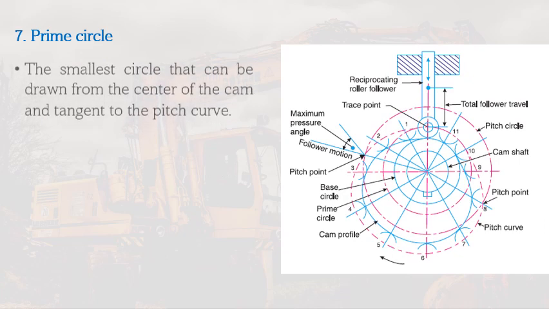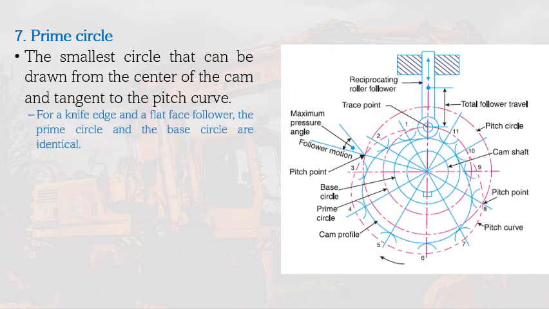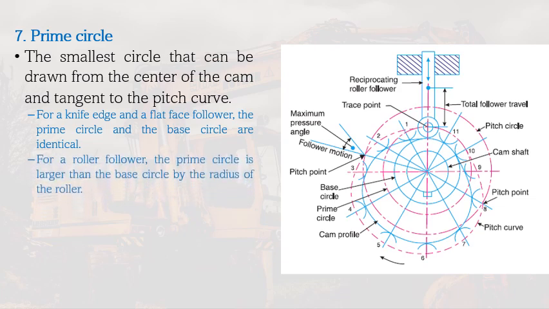The prime circle, on the other hand, is the smallest circle that can be drawn from the center of the cam and tangent to the pitch curve. For a knife edge and a flat face follower, the prime circle and the base circle are identical. For a roller follower, the prime circle is larger than the base circle by the radius of the follower.